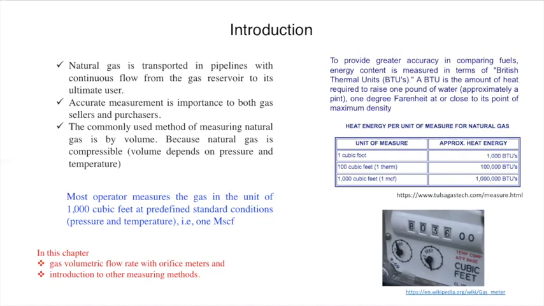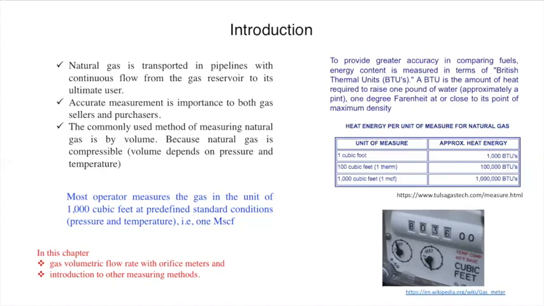Now in this chapter particularly, we are going to discuss gas volumetric flow rate with the orifice meter. These orifice meters are very commonly used and are more robust with fewer moving parts. Therefore, in most gas measurement industries, the orifice meter has almost 60 to 70% presence.